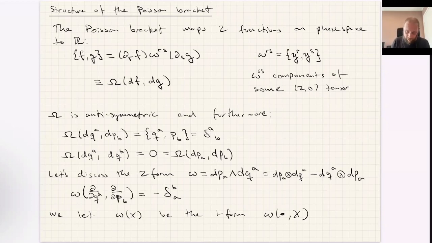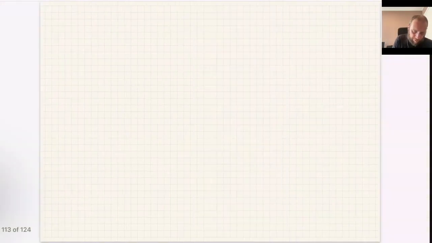If I plug in an x into the second argument here, I still have one argument left, and so I have a linear function from vectors to real numbers. So that's a one form, right? So using that notation, let's check the following.